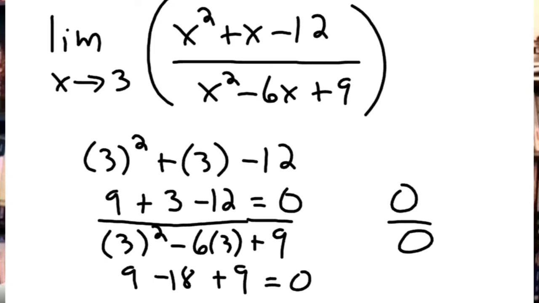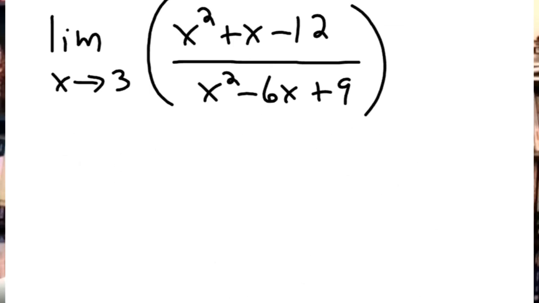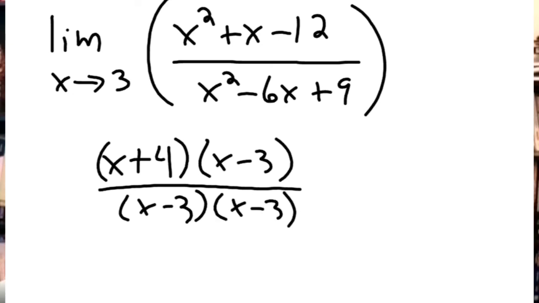So let me just keep the limit here so I can see the function and get rid of this, and let's begin our factoring. So I'm going to factor the numerator as x plus 4 times x minus 3. The denominator is x minus 3 times x minus 3. X minus 3 cancels. It's a 1-for-1 cancellation, not a 1-for-2.